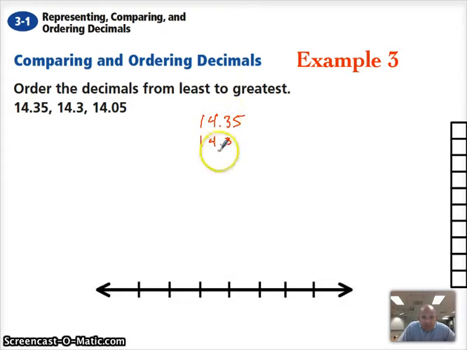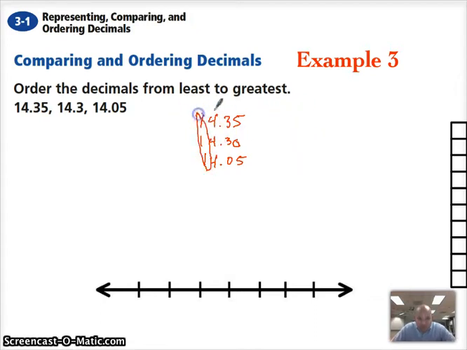Notice I lined up the decimals. And then 14 and 5/100. Now, in order for me to see this more clearly, I'm going to place a 0 at the end of this, because adding a 0 to the end of the decimal does not change the value. So 3/10, which was what we originally had, 14 and 3/10, is the same thing as 14 and 30/100.